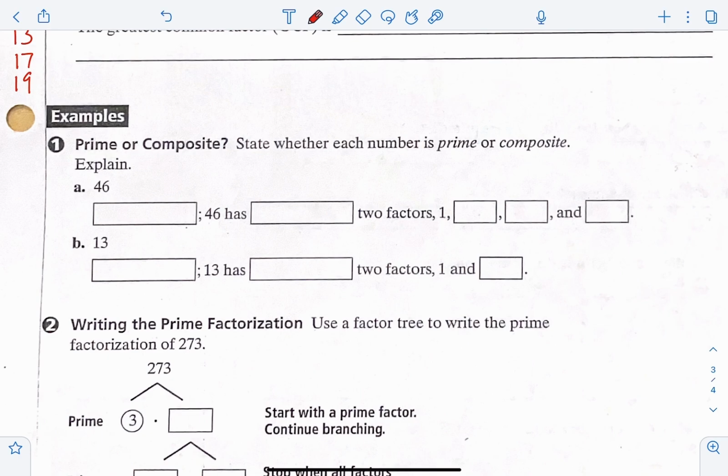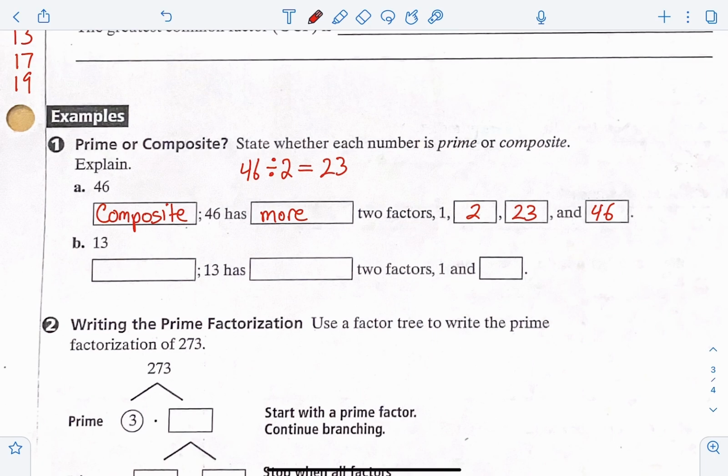If I were to look at 46, 46 could be divided by 2, and that would be 23, right? So that means that 1, 2, 23, and 46 all go into it. Since that's more than just 1 and itself, it's going to be a composite because it has more than 2 factors.